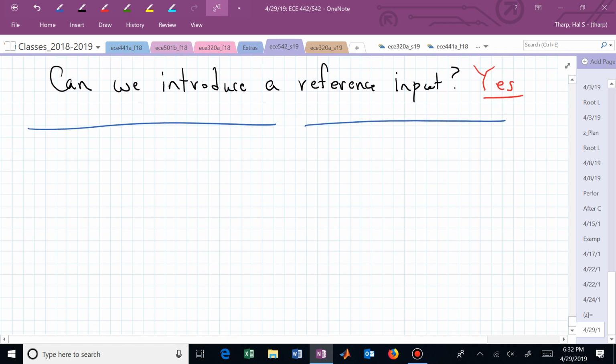So now this is the next topic in Unit 8, which is reference input with state feedback.